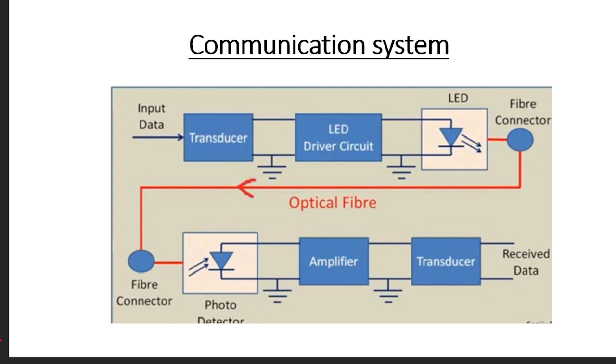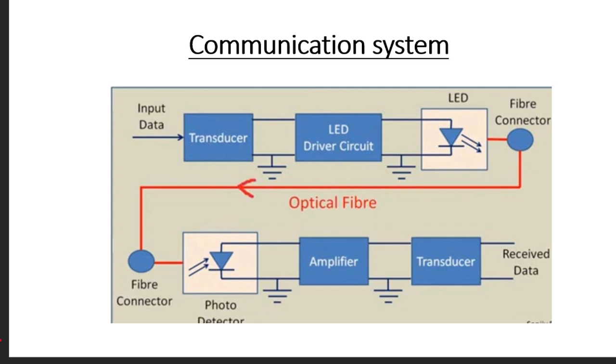If we feed the input data through the transducer, it will convert one form of data into another form. That means the electrical signal is converted into an optical signal, and this is given to the LED driver circuit, and the LED will generate photons of the input electronic data. This photon output is connected to the fiber connector. Through that, the information in the form of light, or the optical signal, is transmitted to the photodetector.